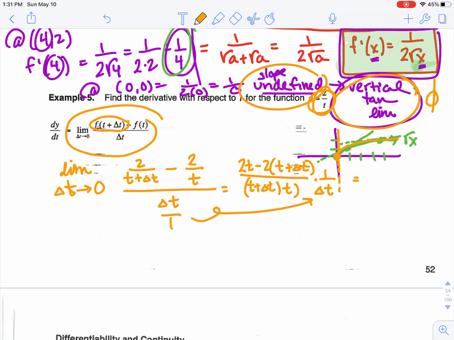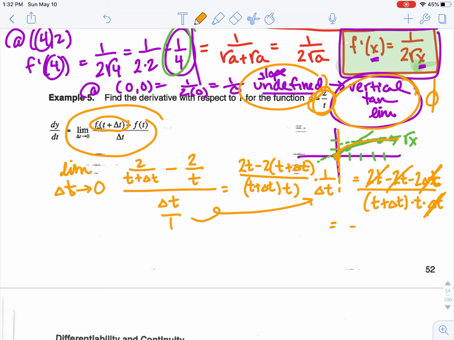Okay, so again, using whatever method you want, I'm going to distribute delta t all over t plus delta t times delta t. The two t's are gone on the top, and then this delta t can be gone from that delta t there as well.